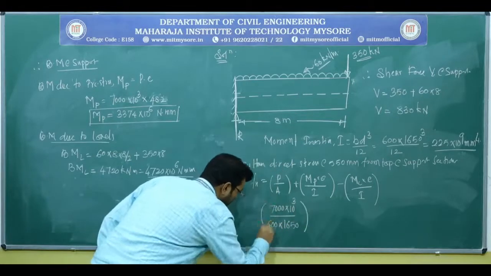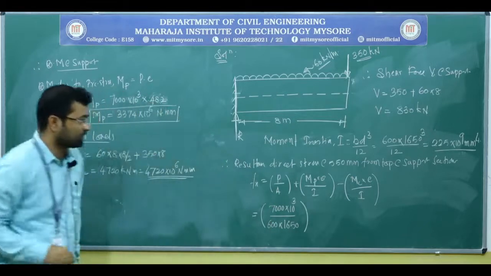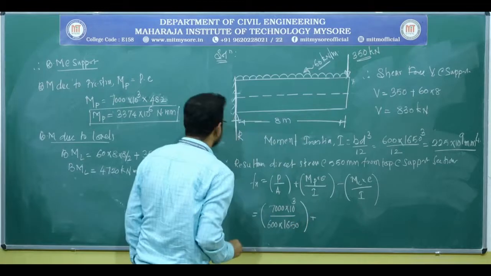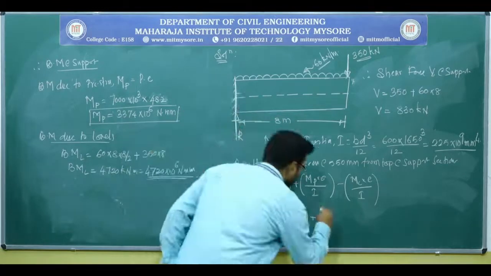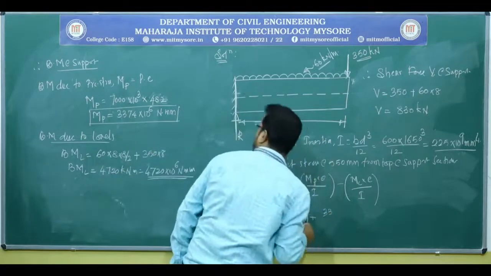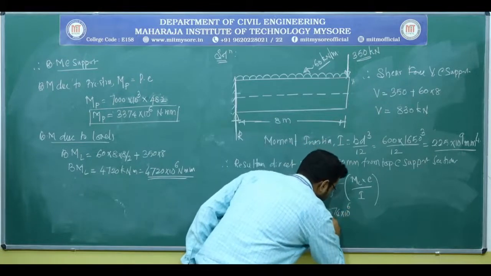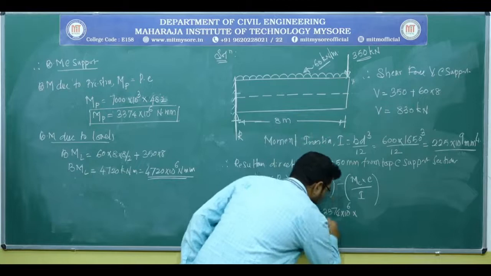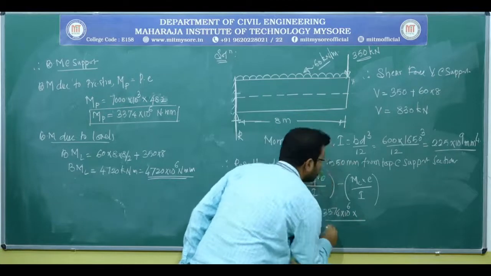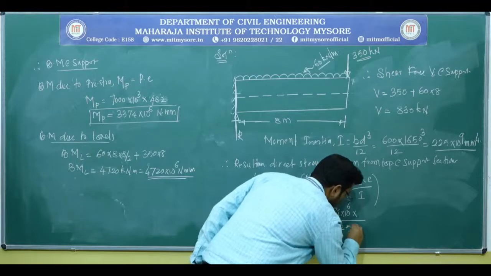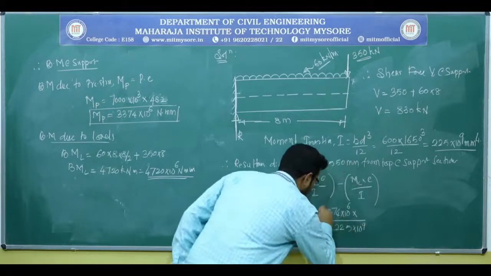So this is stresses due to direct stress plus moment due to pre-stressing force is 3374 into 10 to the power 6 into eccentricity divided by I, we have calculated it as 225 into 10 to the power 9.